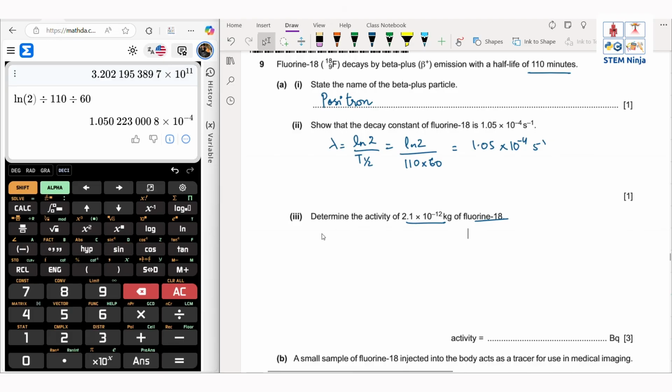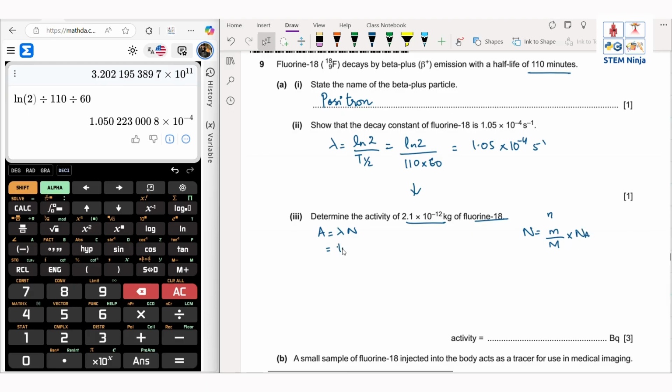Okay, so for that we need the number of nuclei in this. So the number of nuclei we can find out by doing mass divided by the molar mass. That will give us the number of moles, times the Avogadro's constant, right?